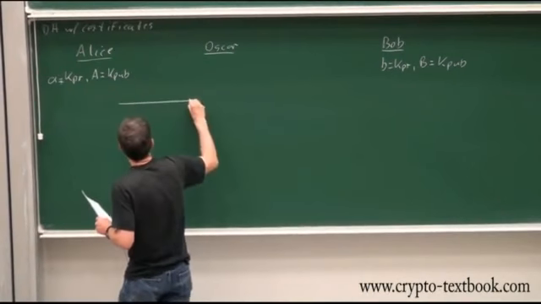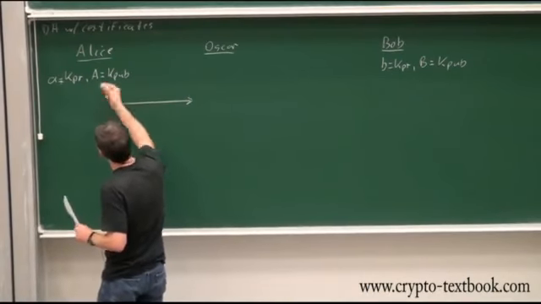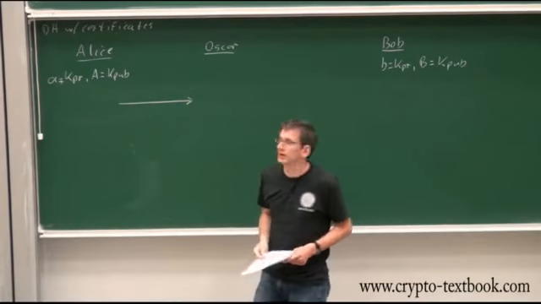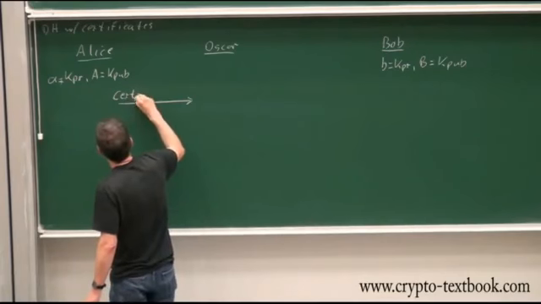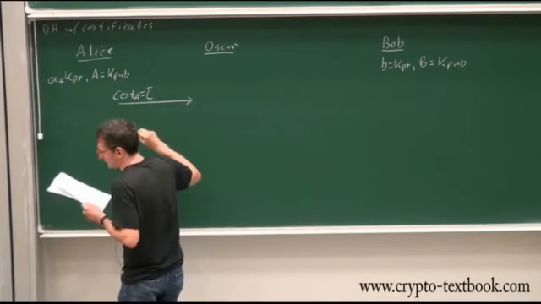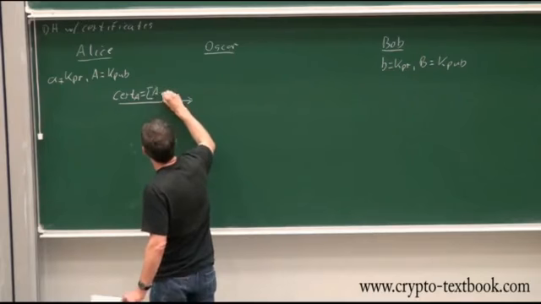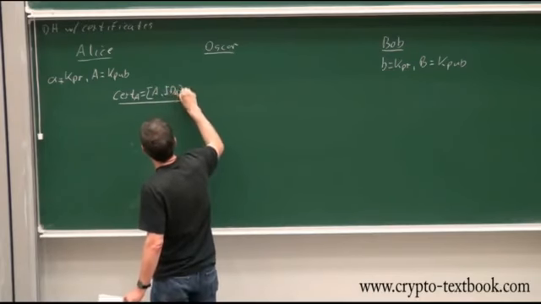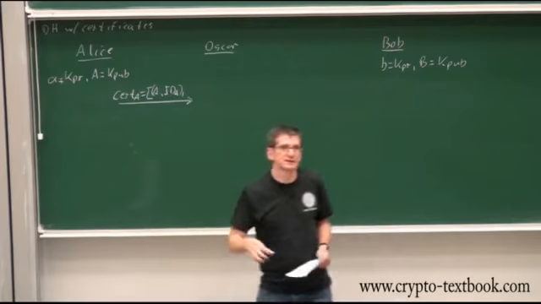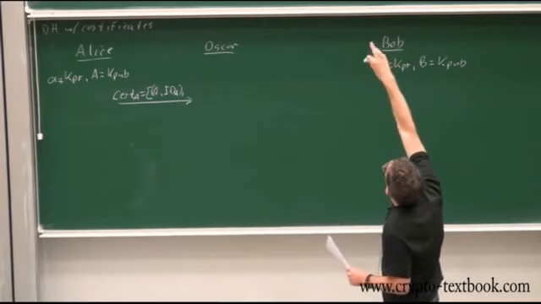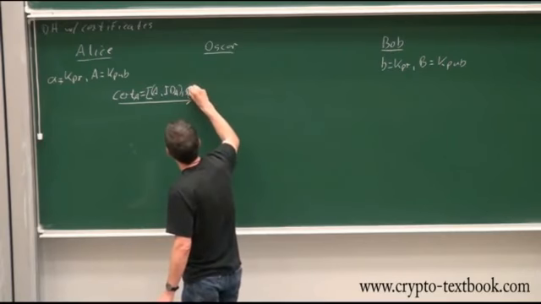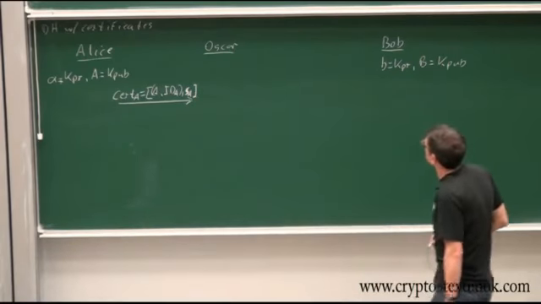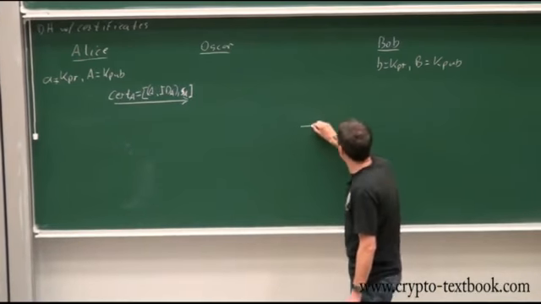Alice now sends, and this is the whole idea, not just her public key or her ID information. She's sending over a certificate consisting of A, the ID of A, and a signature S index A. Bob does the same.